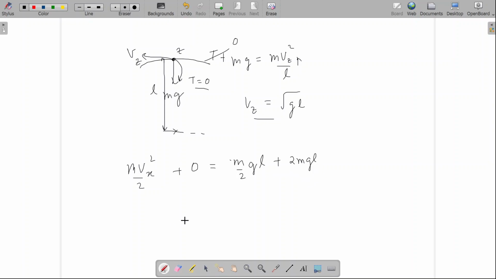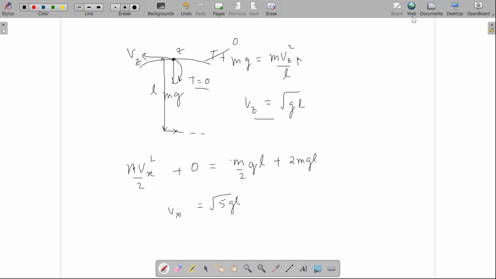The particle would actually have this potential energy 2mgL, since that is the distance from the bottom. So if we solve this, we'll get the value of vx. It would be root 5 gL.